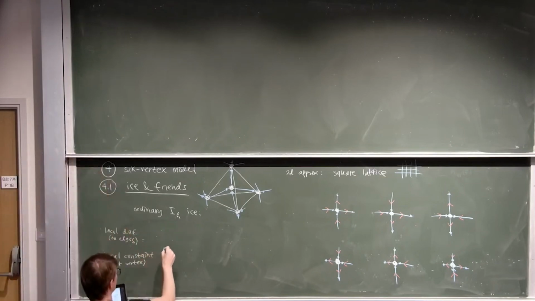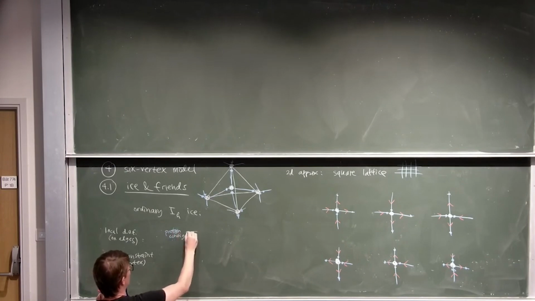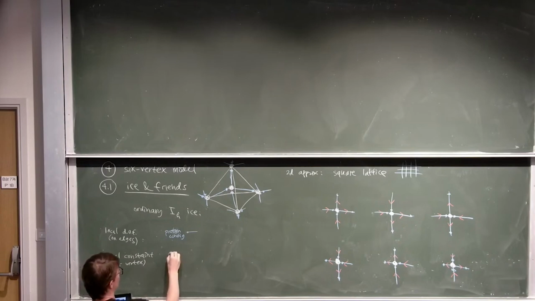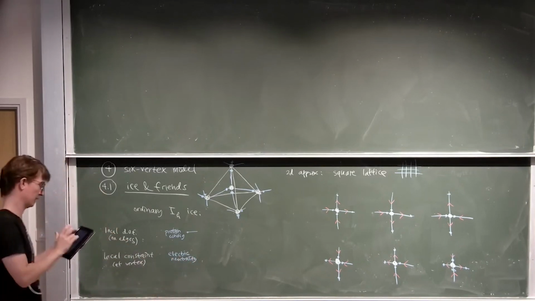So the local degrees of freedom here are our proton configuration. Right? So we have our edge, and then we have this little guy sitting there somewhere. And our local constraint is this electric neutrality. So precisely 2 protons close to each oxygen.